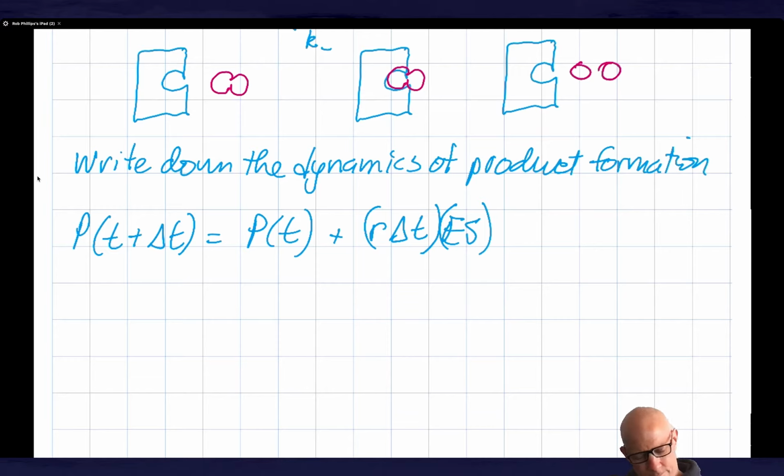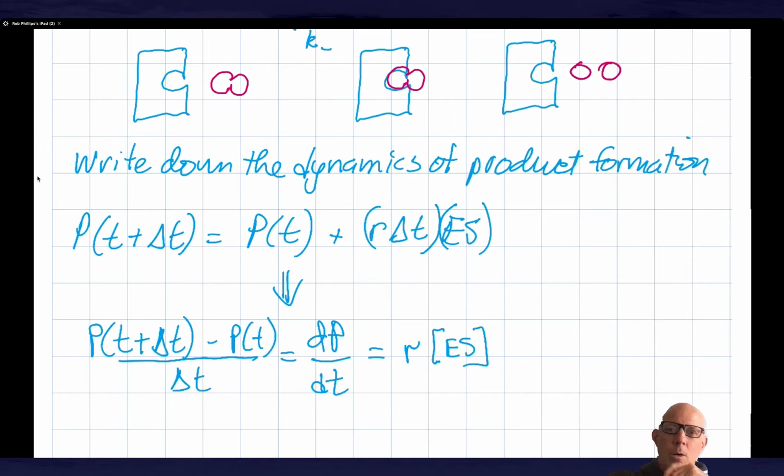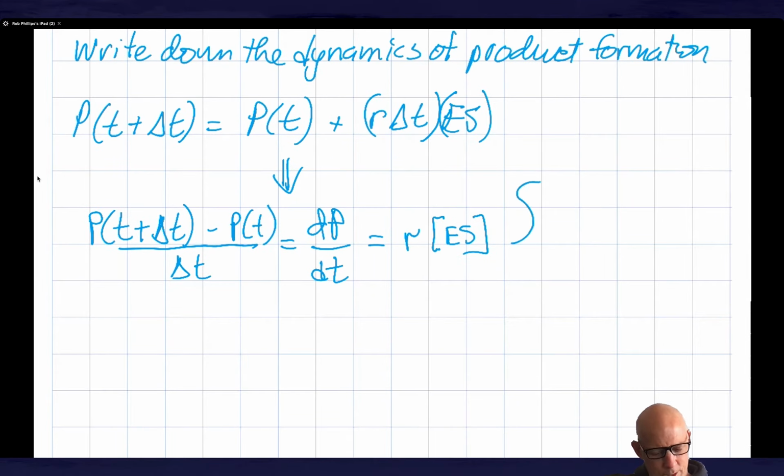So this can be rewritten as P of t plus delta t minus P of t divided by delta t, which I'm going to just cut right to the chase, is dP by dt, and that's R times the concentration of ES. So that's our equation for product formation. This is the dynamics of product formation.